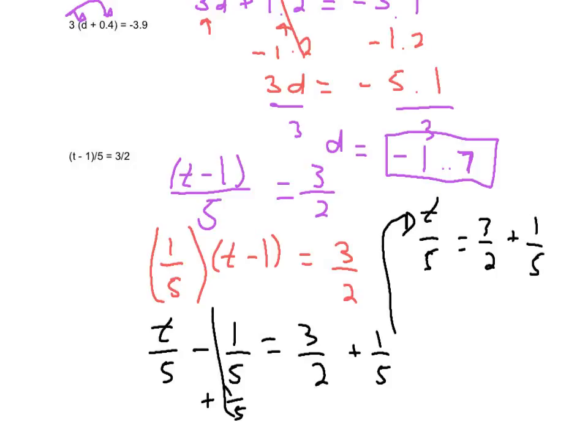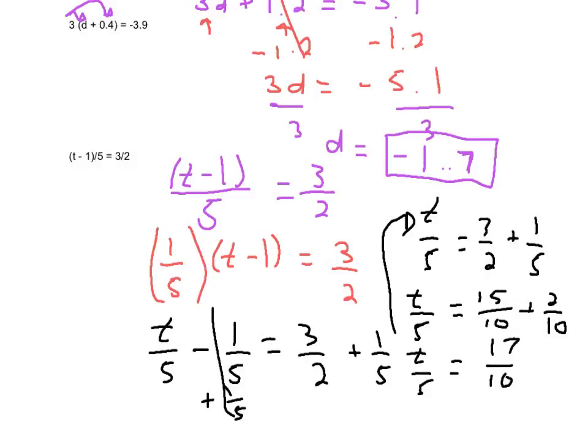Remember, adding fractions, we need a common denominator, so we can use 10. T over 5 is going to be equal to 15 over 10 plus 2 over 10. Okay, so T over 5 is equal to 17 over 10.